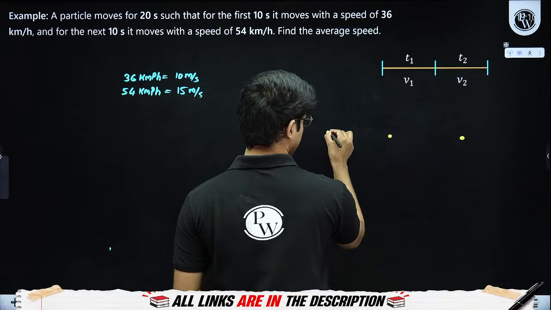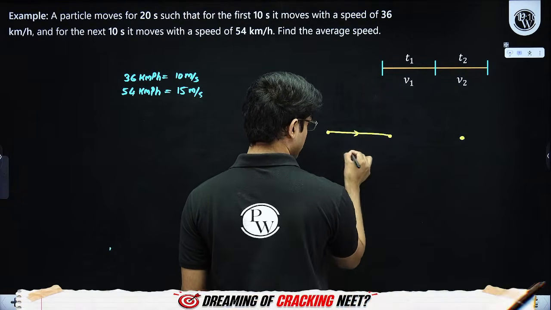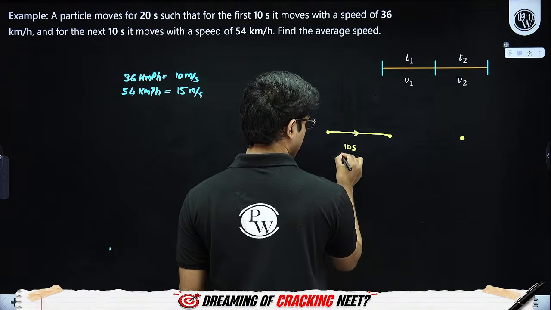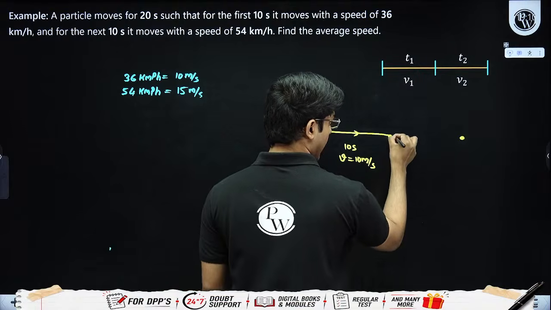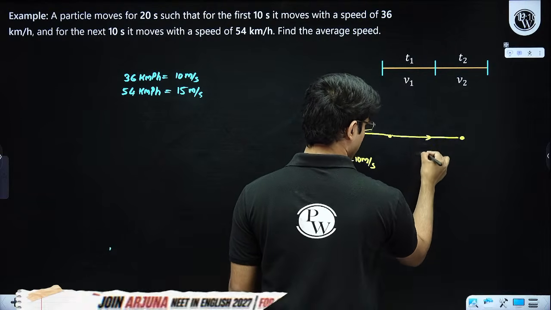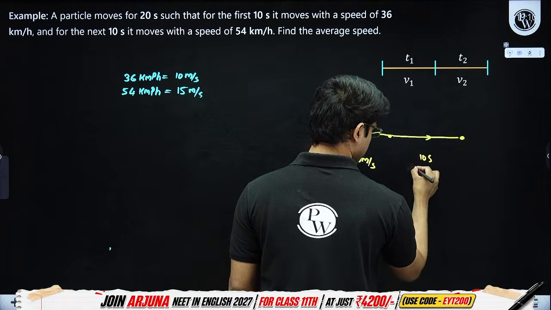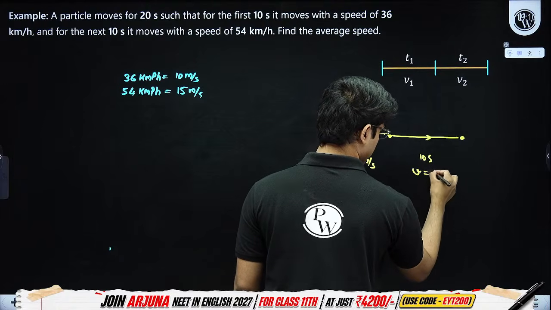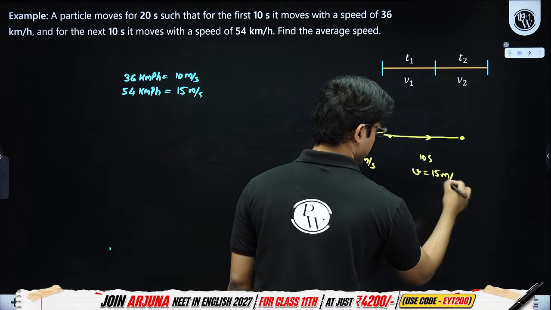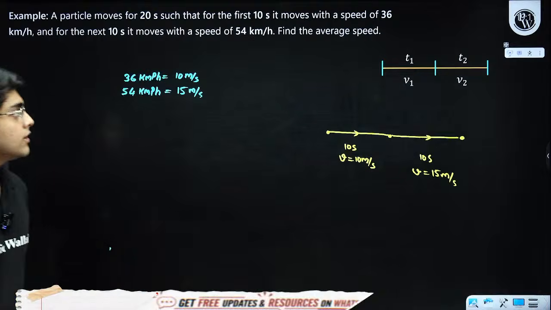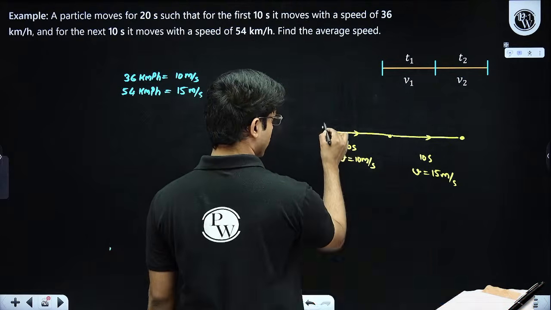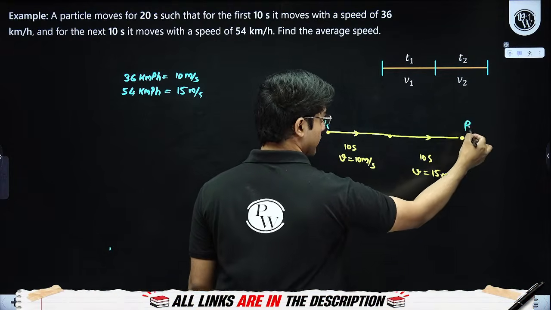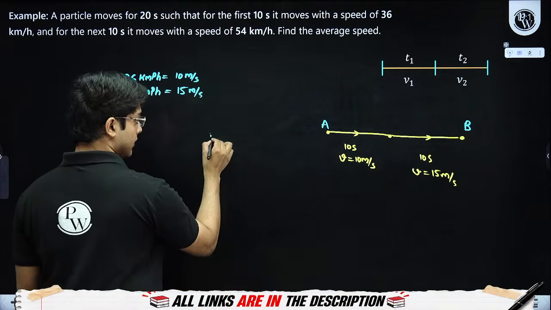In the first 10 seconds of the motion, the speed was 10 meters per second, and in the next 10 seconds of the motion, the speed was 15 meters per second. So what is the average speed for the whole journey from A to B?